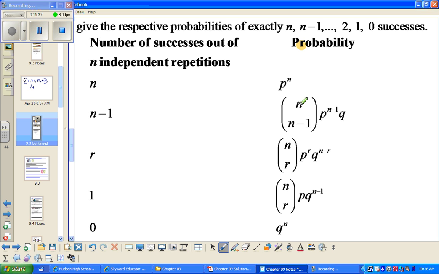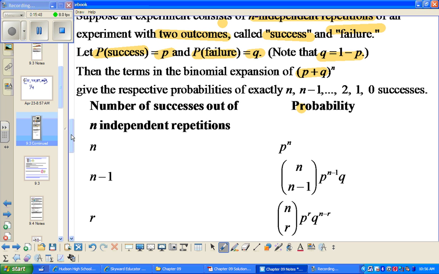If there's n minus 1 successes, you'd have to do n choose n minus 1 times p to the n minus 1 times q. Remember now, p is your probability of success and q is your probability of failure.